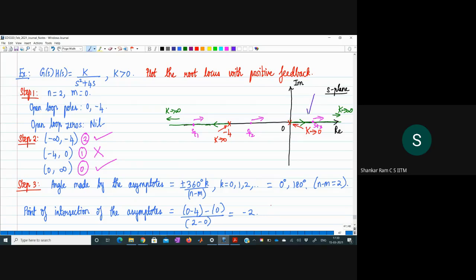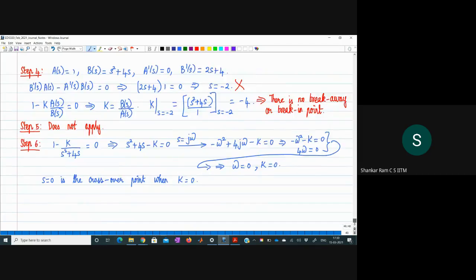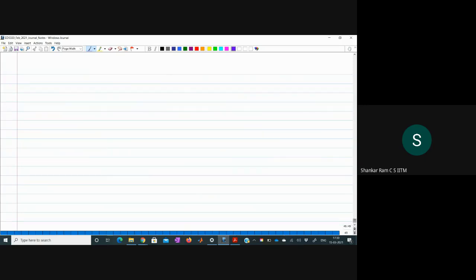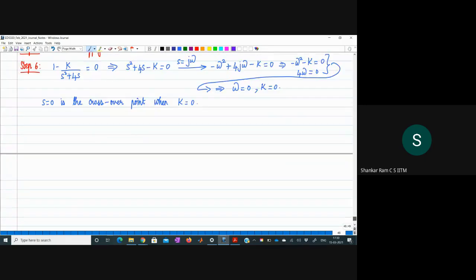You can immediately see that one branch of the root locus is always in the right half of the plane for any k greater than 0. That means one closed loop pole is always going to be in the right half of the complex plane for this closed loop system. So there is no way we can stabilize the system with positive feedback.